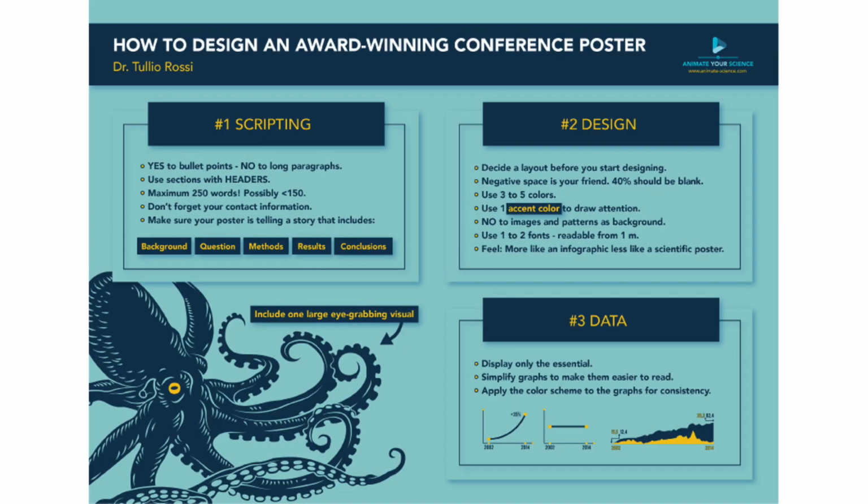And then finally, this is from Animate Your Science, which is summarizing how you should make a poster and exemplifying it within a poster where they have only blue or turquoise as their key color, yellow as their accent color, aiming for minimal text in dot points, and a key figure or something that represents the research that you do.